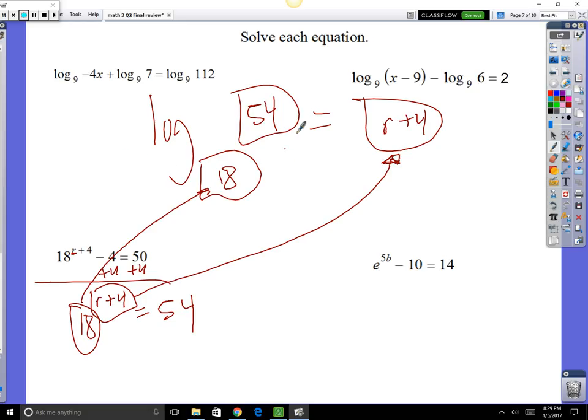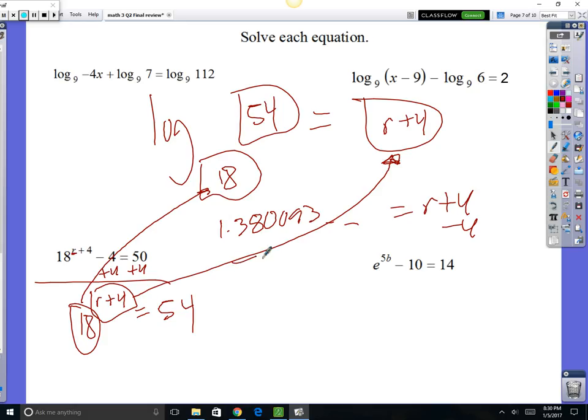Okay, now this part most likely is going to be some crazy decimal, and your calculator needs to find out what the decimal is. So just punch it on your calculator. Log base 18 of 54, and that decimal is 1.38093 blah blah blah equals r plus 4.